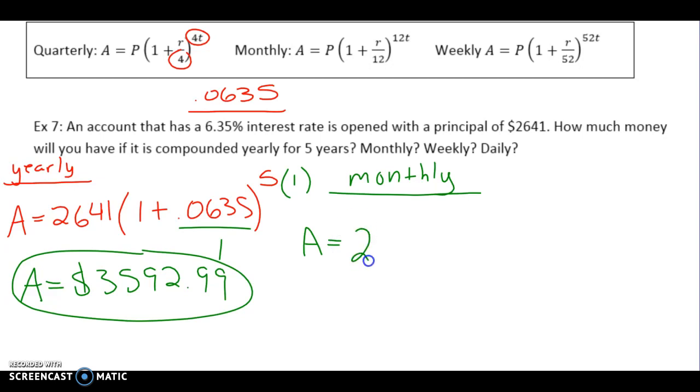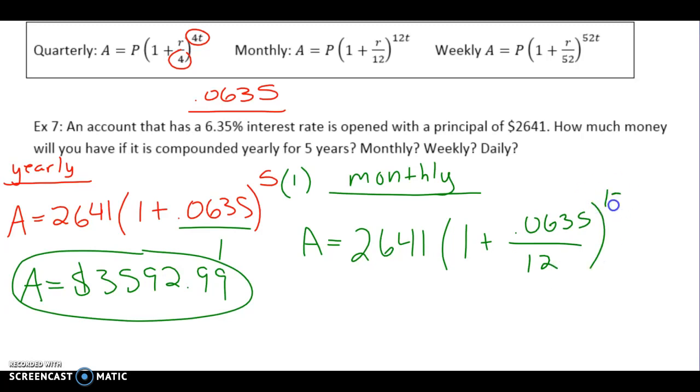The same thing. 2641, that hasn't changed. And then 1 plus, now, look up here, which one's monthly? What number am I plugging in? 12. So the rate is 0.0635 divided by 12, all to the 12 times time is how many years? 5. Still 5 years. That hasn't changed.